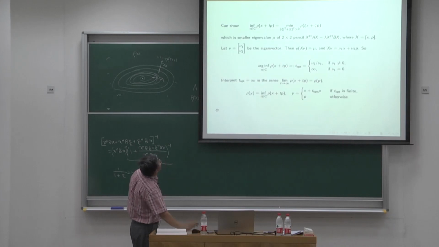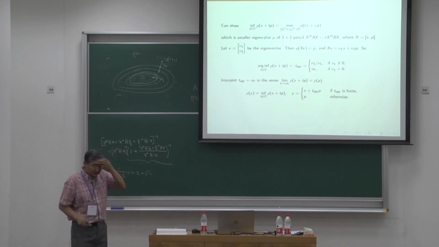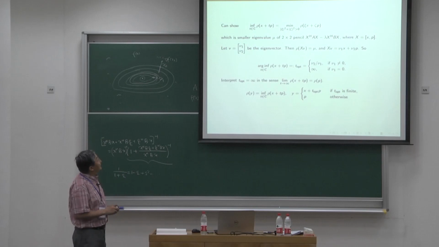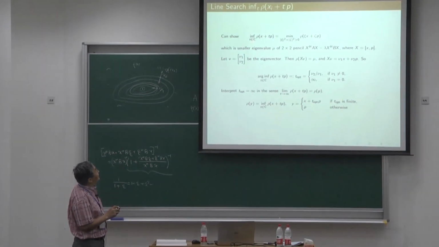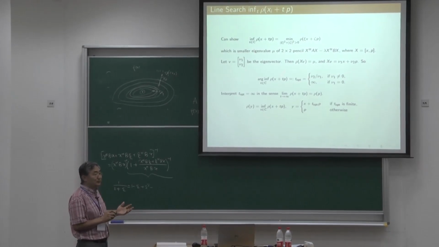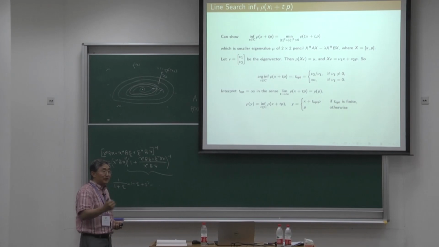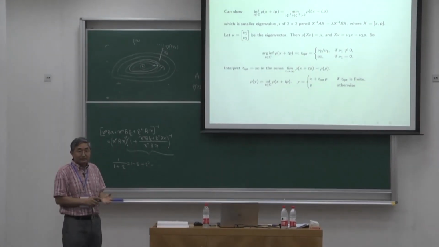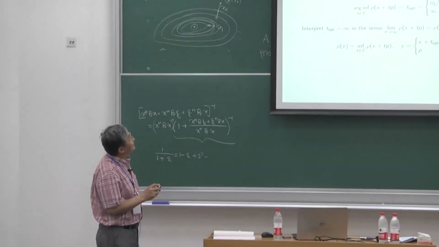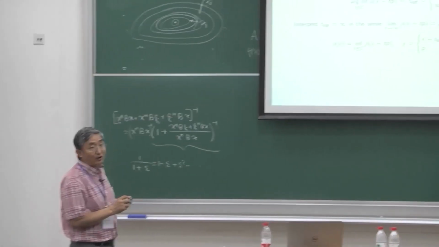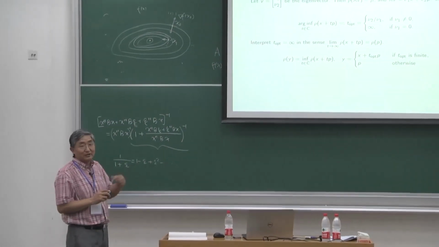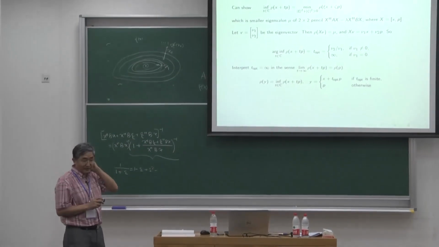Well, let's look at line search first. What we're looking at is t in C. The reason behind C is that we're talking about Hermitian matrices. If your example is a real matrix, with A and B real symmetric, you could say t in R. You don't have to put it into C and make it more complicated.